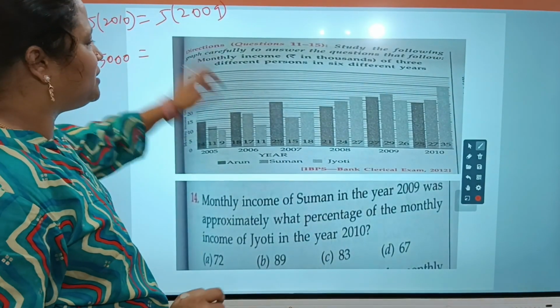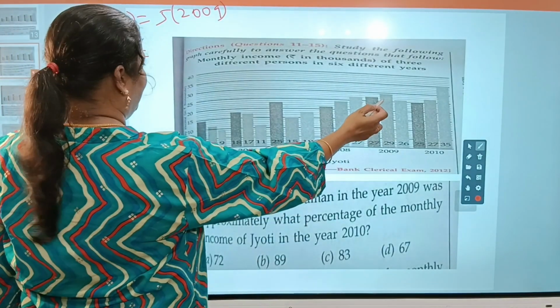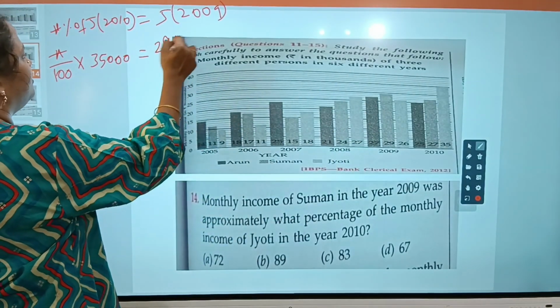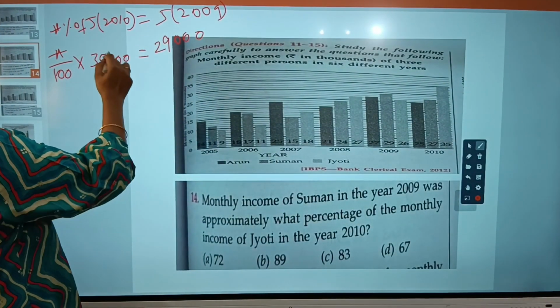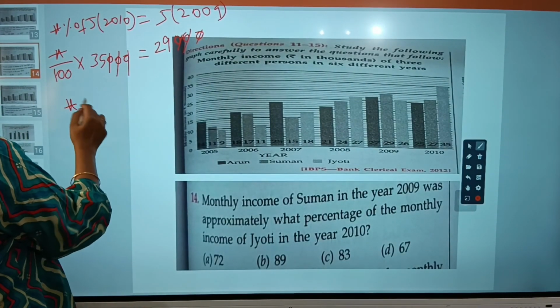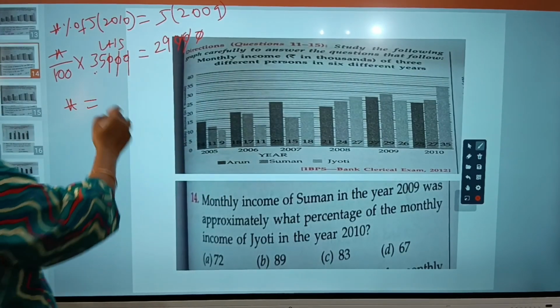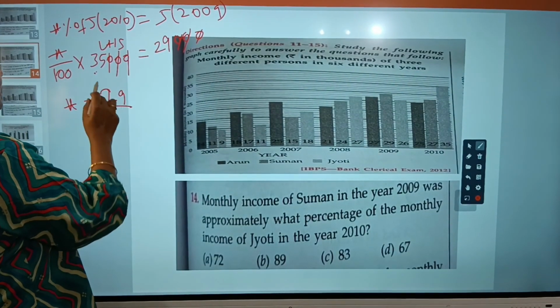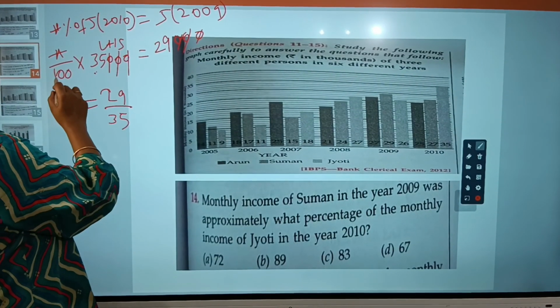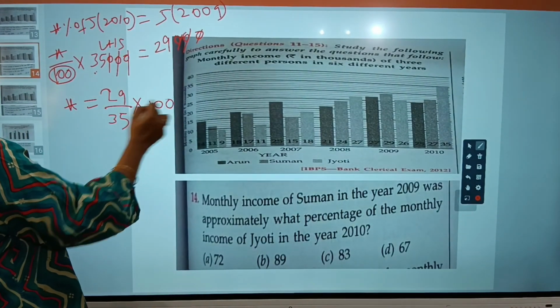Suman in the year 2009, she is getting 29,000. So X is equal to 29 by 35, and the 100 which is in division on this side will go into multiplication.